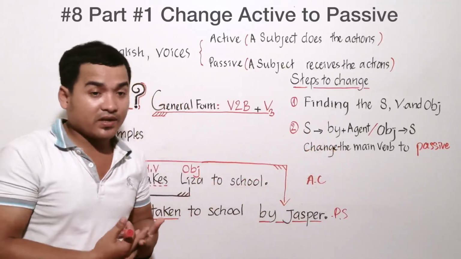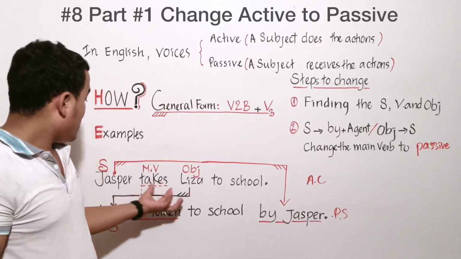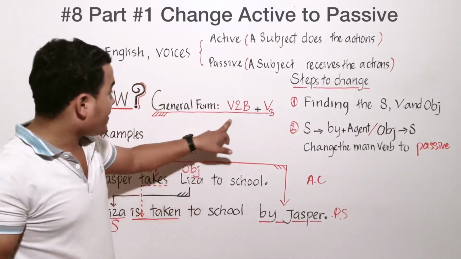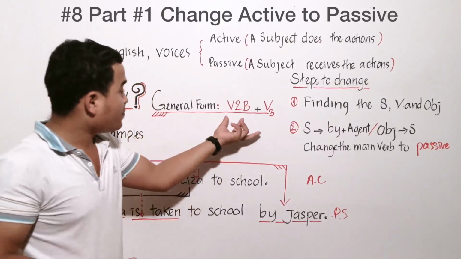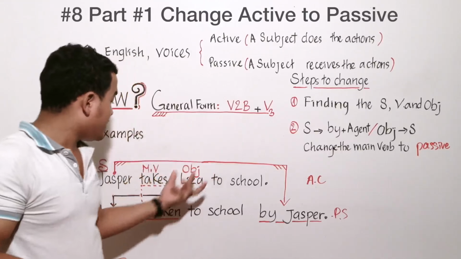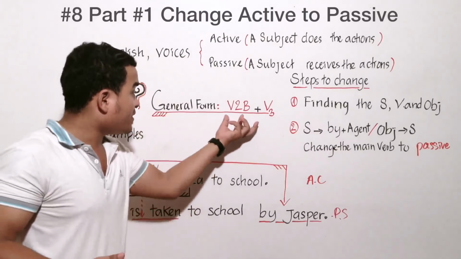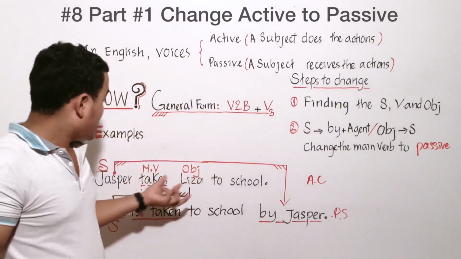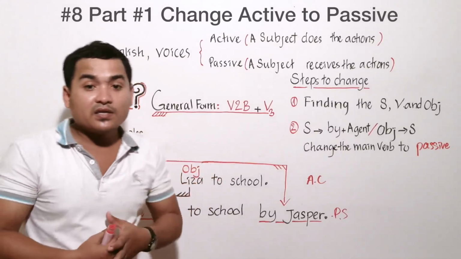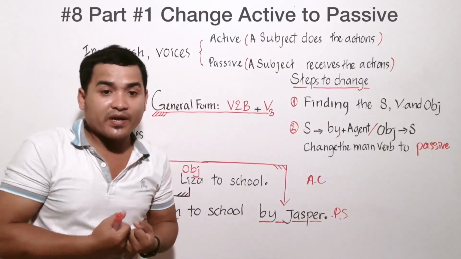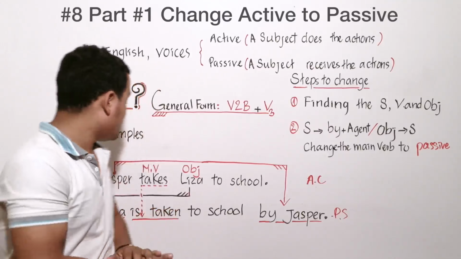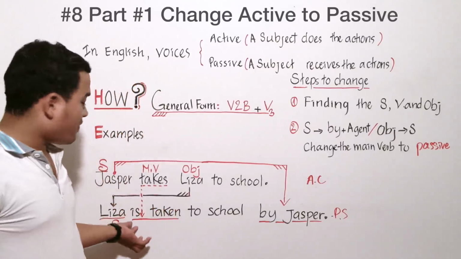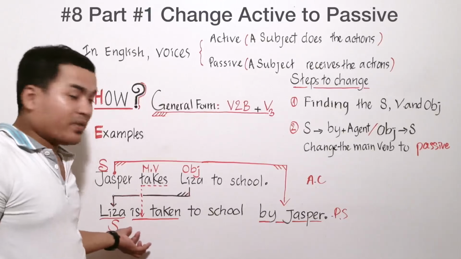And one last thing is to change the main verb into passive form. And remember, for passive form, you have to put verb to be. And here is present simple. So verb to be in present simple is am, is, are. But since the subject and verb need to agree with each other, you have to think that the subject Lisa now agrees with the verb to be is.